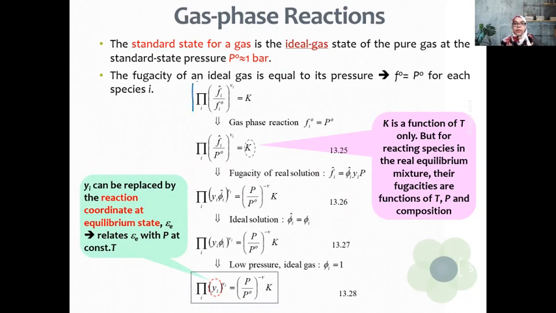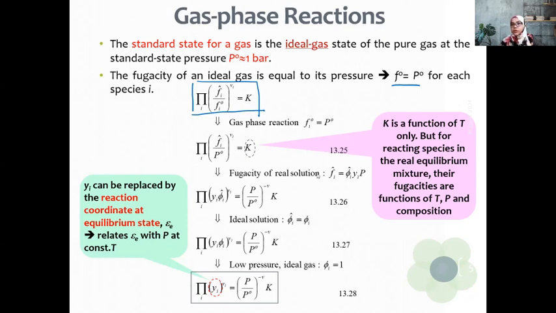This is from what we have learned previously: the fugacity of the species in the solution over the fugacity of the species, to the power of the stoichiometric number, equals the equilibrium constant. Since for the ideal gas the fugacity of the species is equal to the pressure, we may replace it with the pressure.